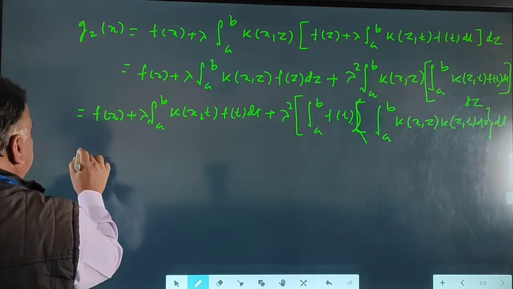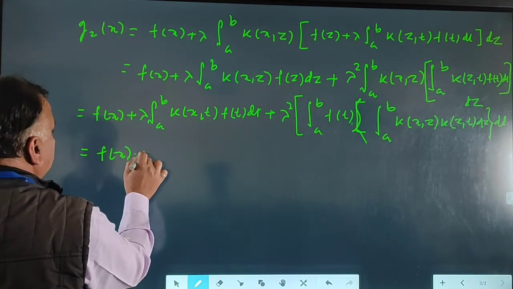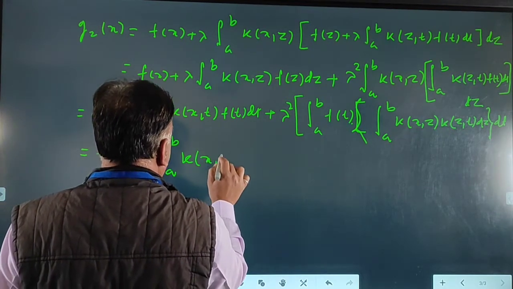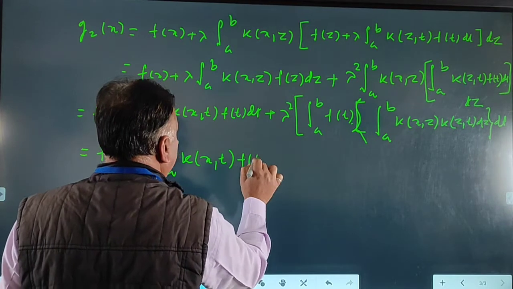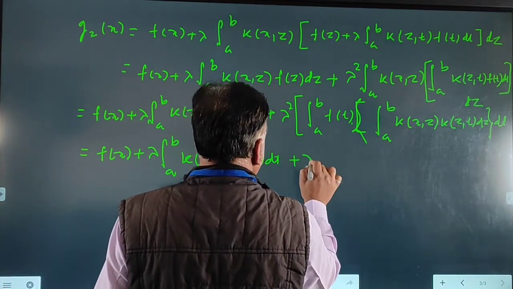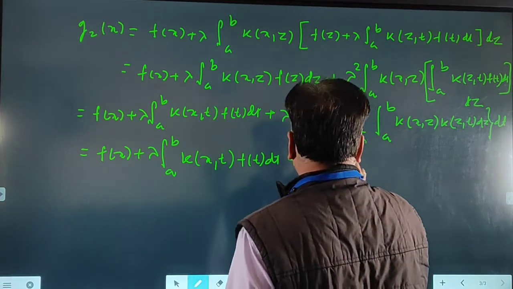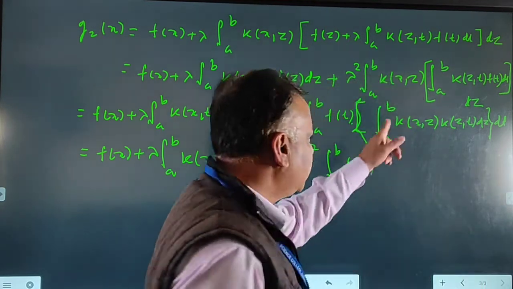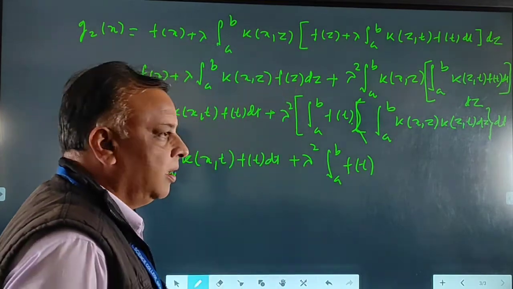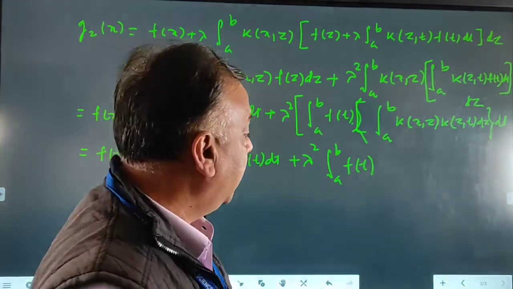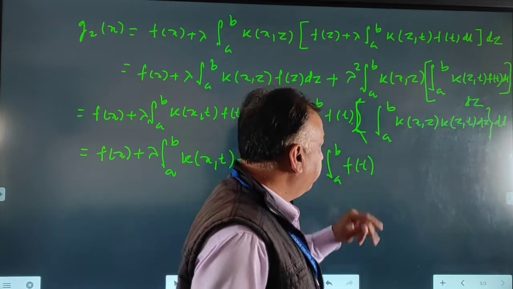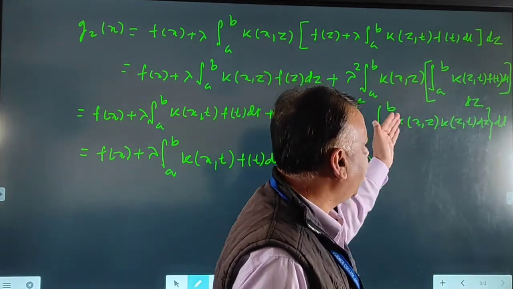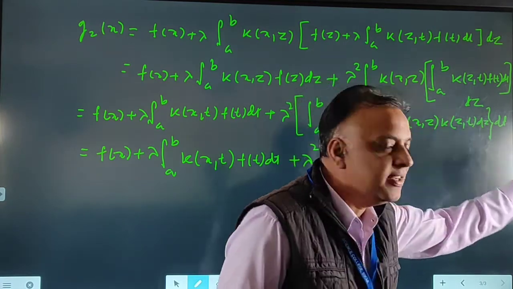So we get fx plus lambda integral a to b kxt ft dt plus lambda square integral a to b ft. Now what is this? As we see by the iterated kernel, this is integral a to b kxz kz dt dz.